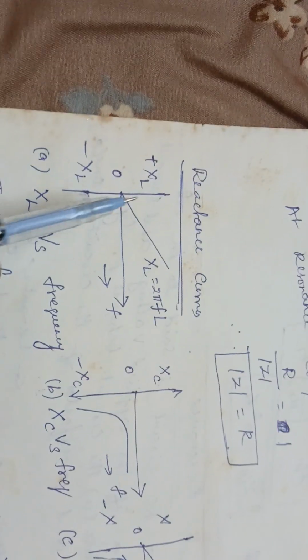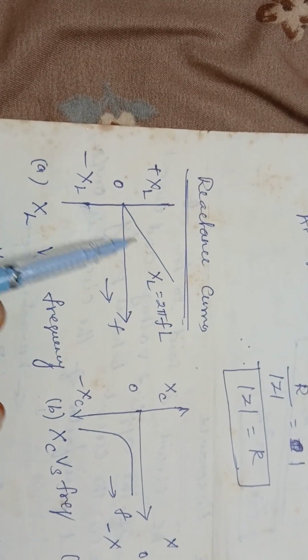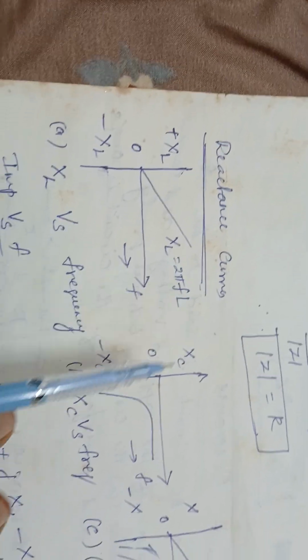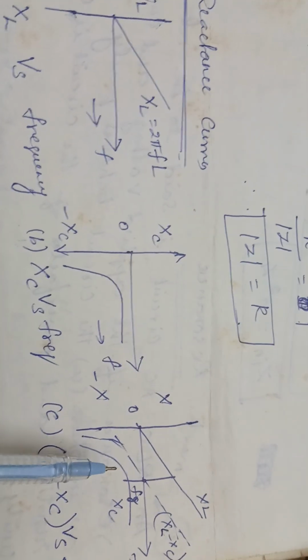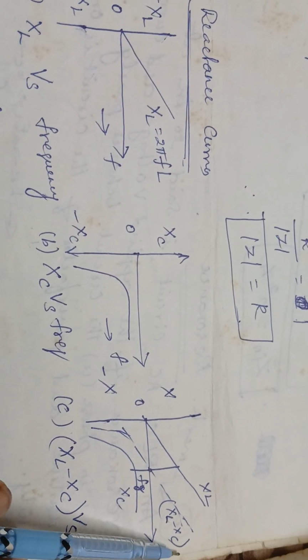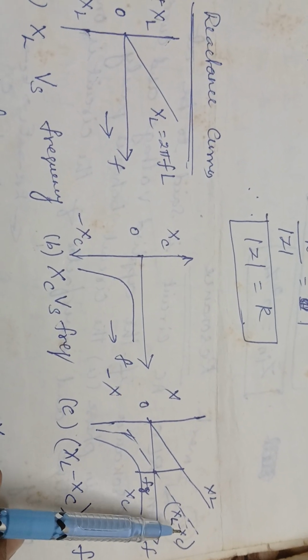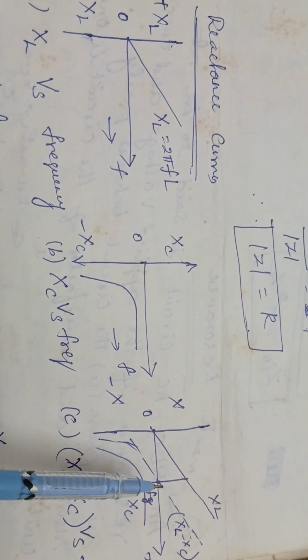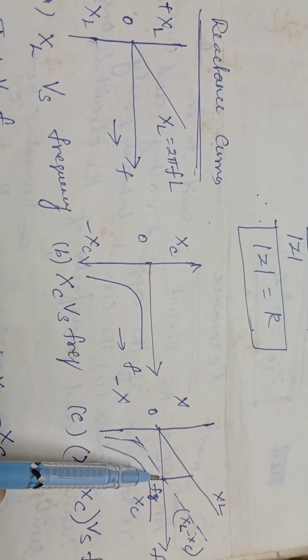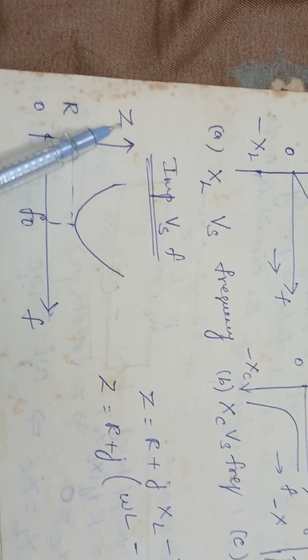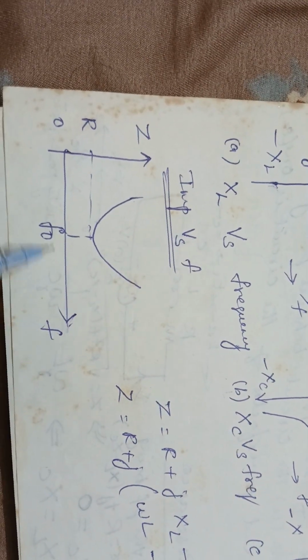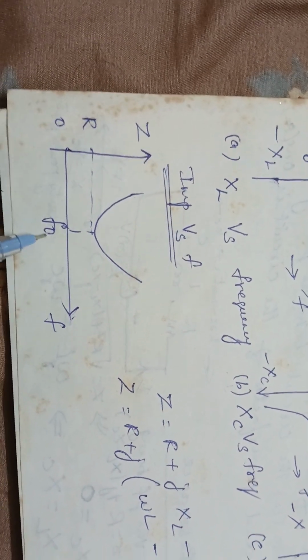Now this is the reactance curve. This is purely inductance. This is purely capacitance. And here if you see, this is XL minus XC. This curve has been attained at resonant frequency FR. This is the curve of impedance versus frequency, and this is F naught.